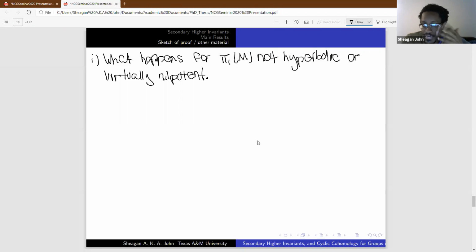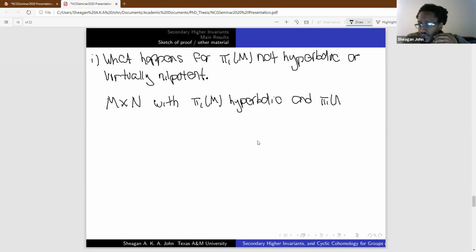And one question that we may ask ourselves is, if we were given a manifold M times N, a product manifold, with the fundamental group of M hyperbolic and the fundamental group of N virtually nilpotent, then do we have similar results regarding the pairing of the higher rho invariant?